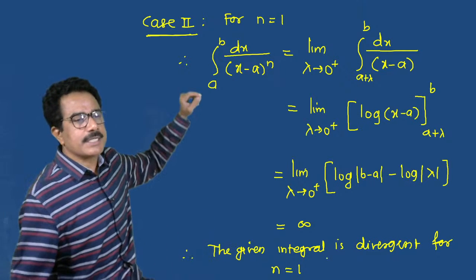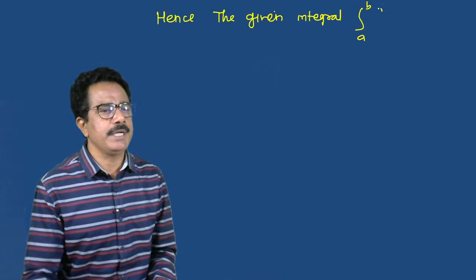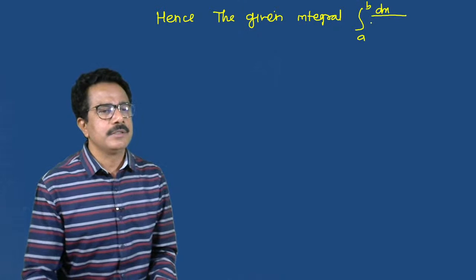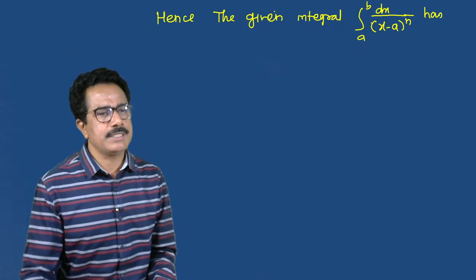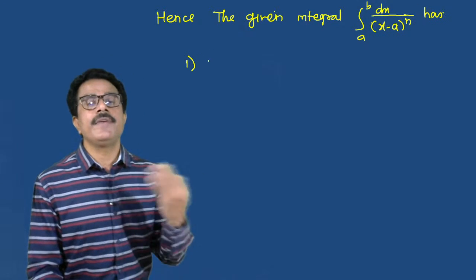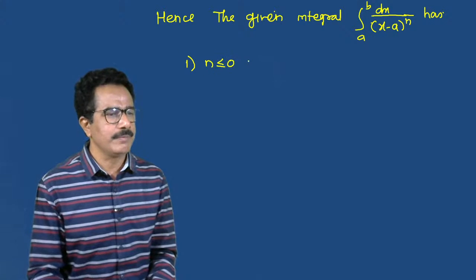Now see how the conclusion comes. Hence the final conclusion: the given integral from a to b of dx divided by (x minus a) raised to n has, number 1, if n is less than or equal to 0, then convergent.